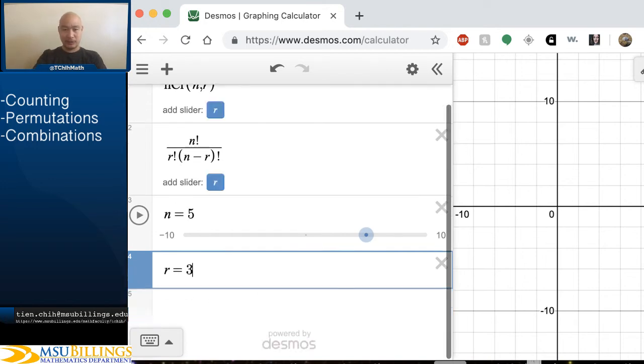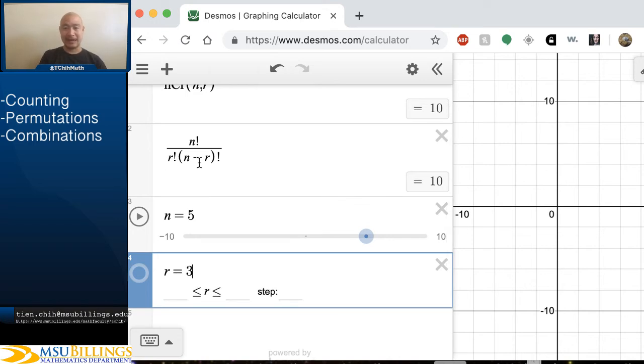When r was 3, this is 3 factorial, this is 2 factorial, right? When r is 2, this is 2 factorial, this is 5 minus 2 or 3 factorial. So the denominators of these fractions are the same. The numerator is always the same. So the fractions themselves are the same. But that's really kind of the not interesting way to think about it.